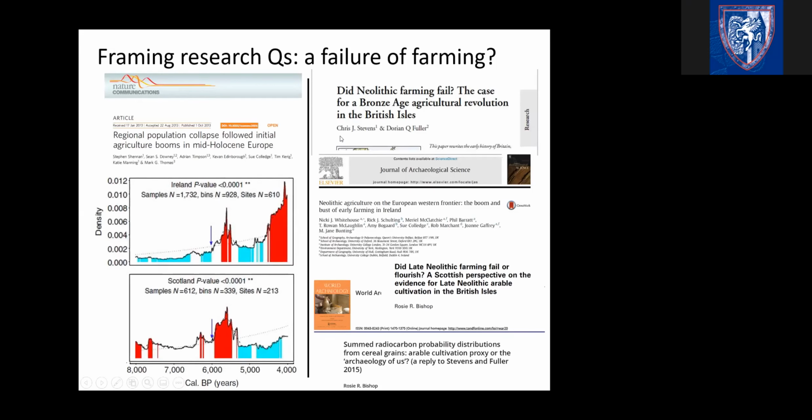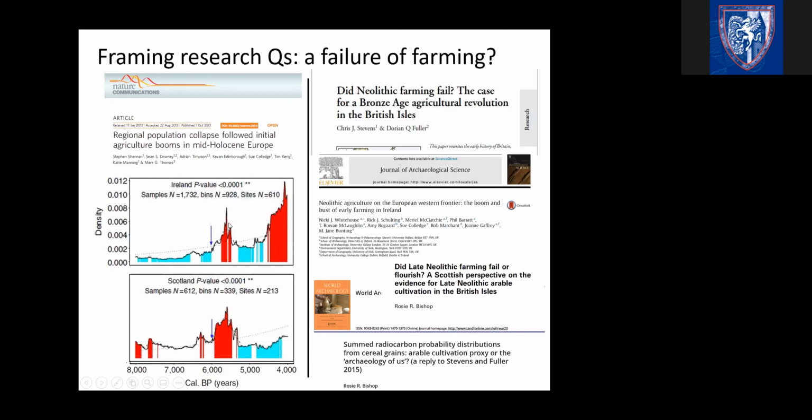You'll see here, these are just some screen grabs of recent enough papers talking about the early farming in the early 4th millennium in Britain and Ireland, and some suggestions that the population crashed, or there's a reduction in evidence on the ground of people doing stuff in the centuries after 4000 BC.